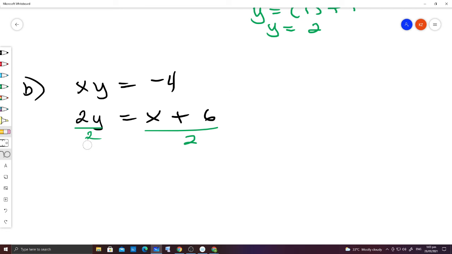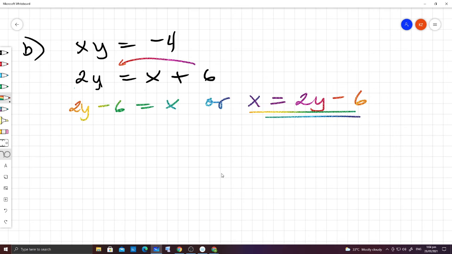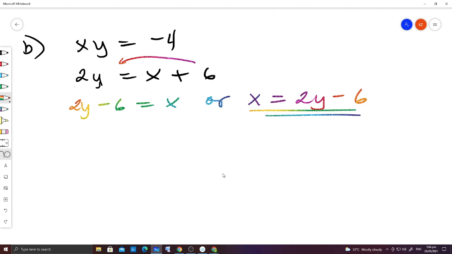If you don't want fractions, you can go for x first. So 2y minus 6 equals x. Or, let's rewrite it, x is equal to 2y minus 6. That's if you don't want fractions. So, what will be the next step?